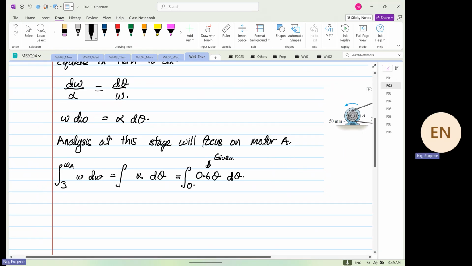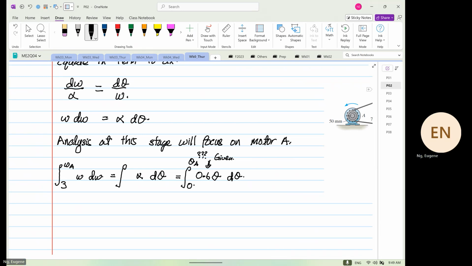However, what is theta A? We don't know what is theta A. So we have to now determine. Okay.